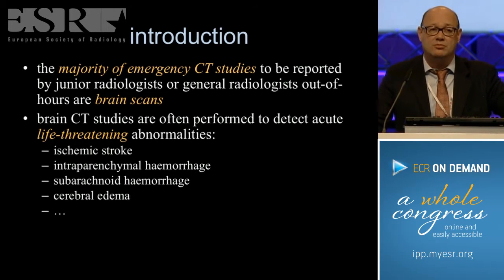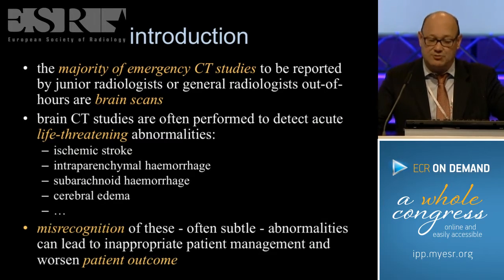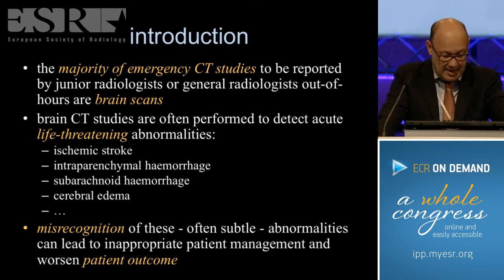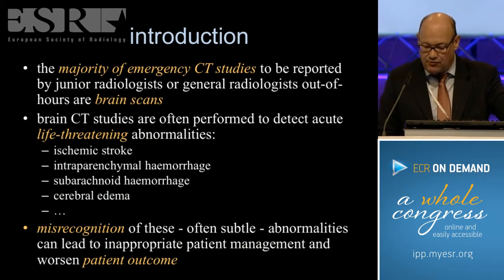Most of the time, we are confronted with real life-threatening conditions, like patients presenting with an ischemic stroke, subarachnoid hemorrhage, cerebral edema, etc. So it means that misrecognition of often subtle abnormalities can have big consequences if the patient is not treated appropriately. And it may worsen the patient's outcome if we miss one of the diagnoses.